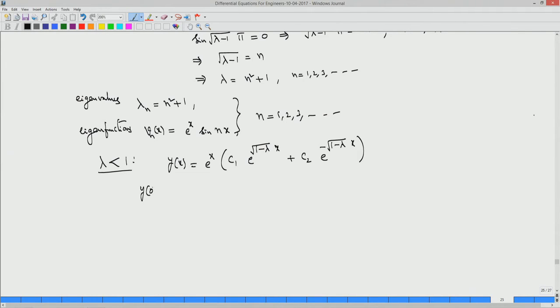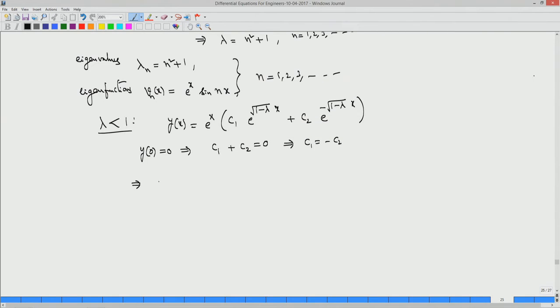Now you apply the boundary conditions. y of 0 is 0 implies c1 plus c2 equal to 0, so c1 equals minus c2.